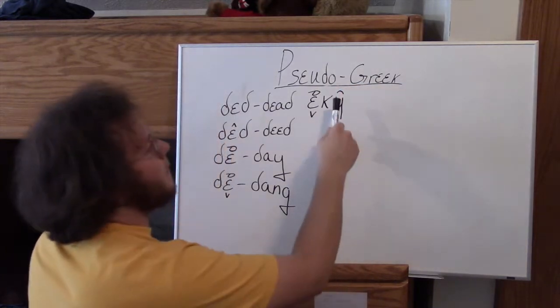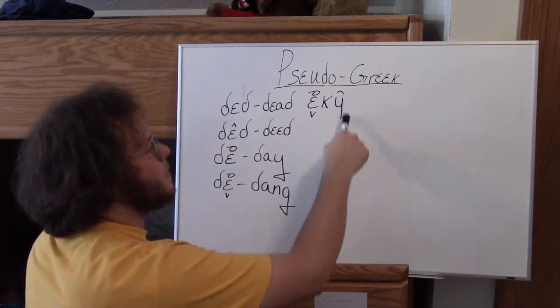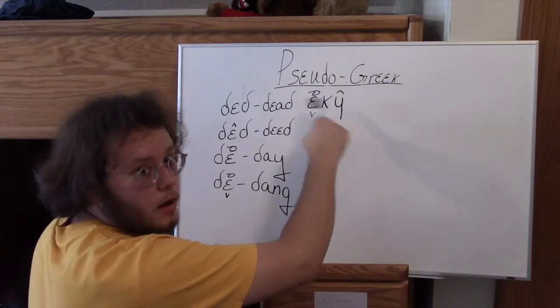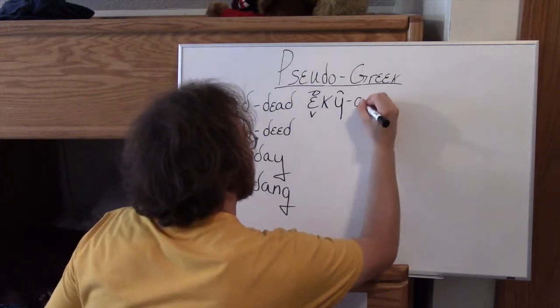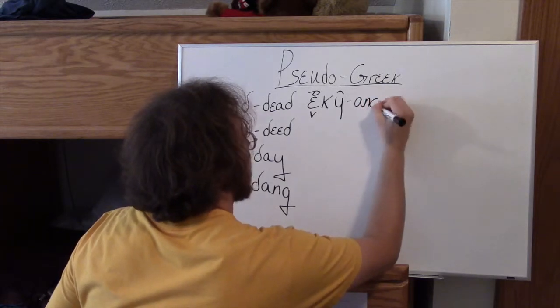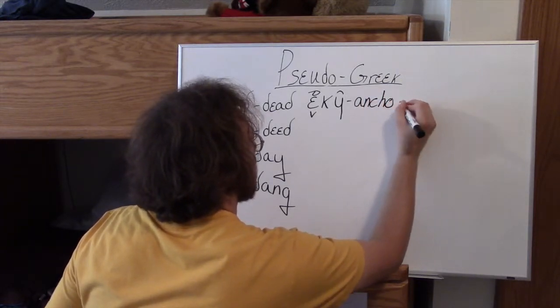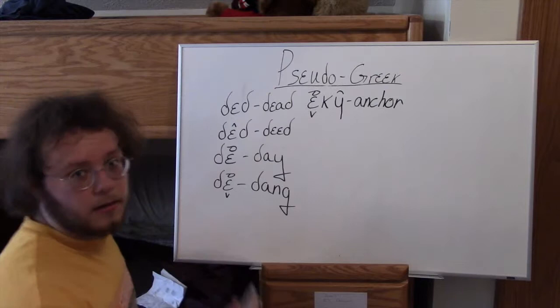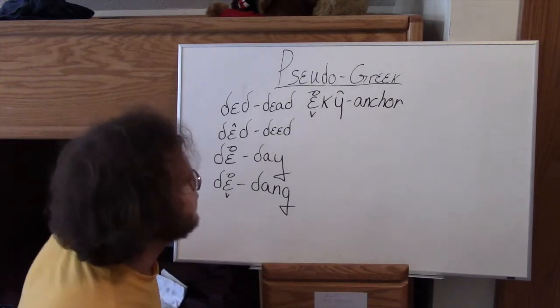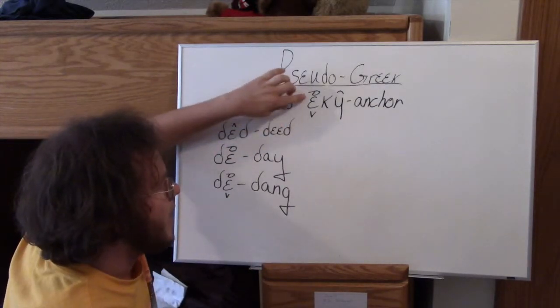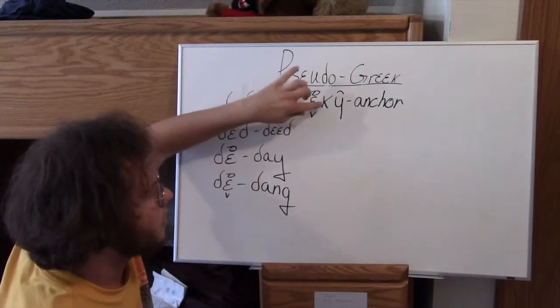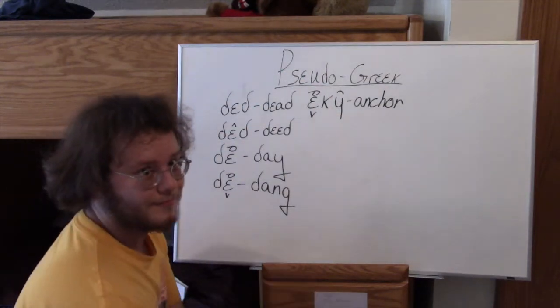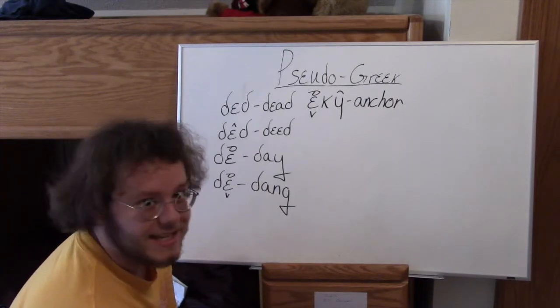And then we have the upsilon with the half-circle ligature, which phonetically says anchor. This is A, then you've got the ingvaz, the anchor. It's as easy as that, honestly.